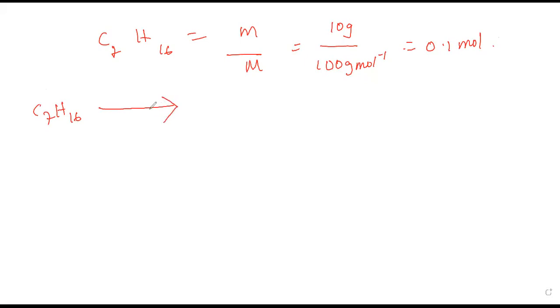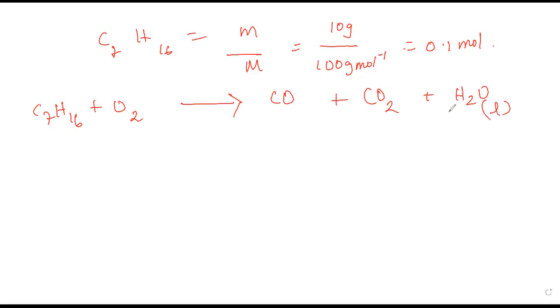Let me write the reaction. Once it reacts with the oxygen, then only it is able to produce carbon monoxide and carbon dioxide. The water is negligible, we will keep it aside. So let's rewrite the balanced equation.